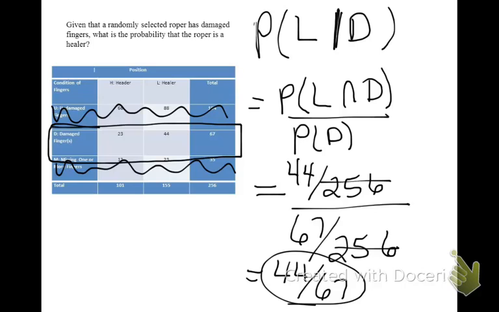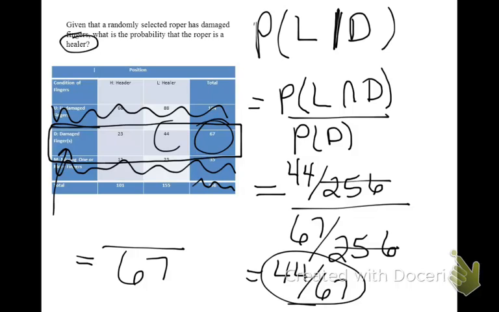So this total of 256 is gone. Our new total is 67. So when we find a probability, we're looking out of 67 people, only people with damaged fingers. Now, out of these 67, how many of them were healers? Well, 44. So you can cut through the formula.